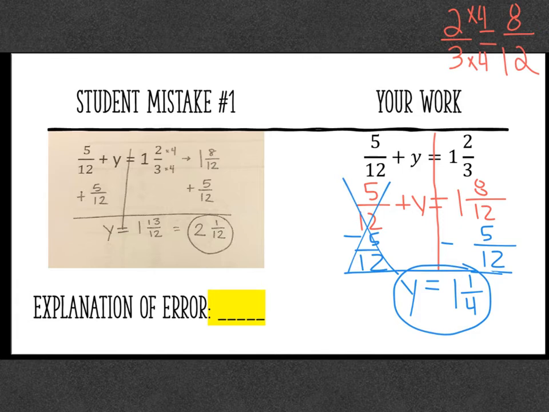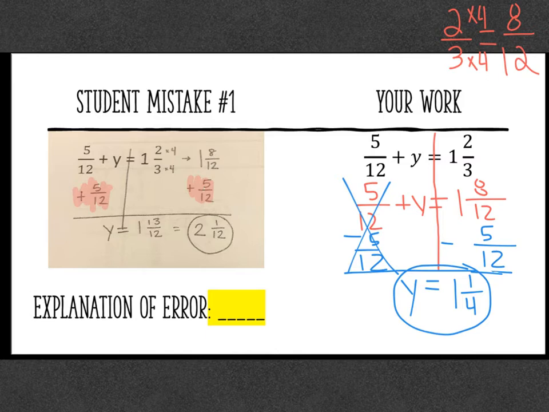So now that we found our final answer, we can compare what we did to what the student did in their problem. So if I look, my first step, they drew their line, and then we subtracted 5/12 from both sides, and as you can see, this student added 5/12 to both sides.